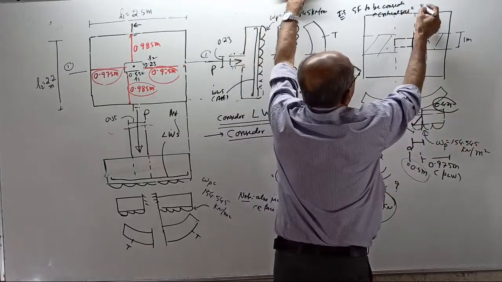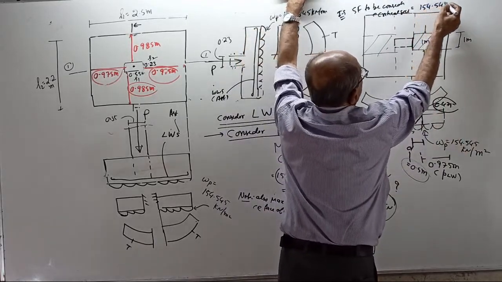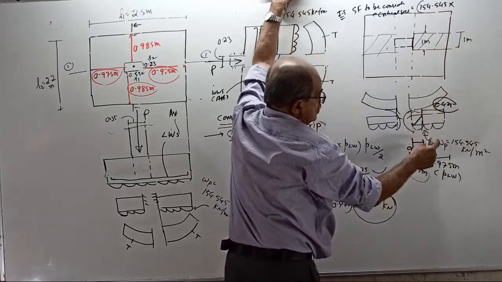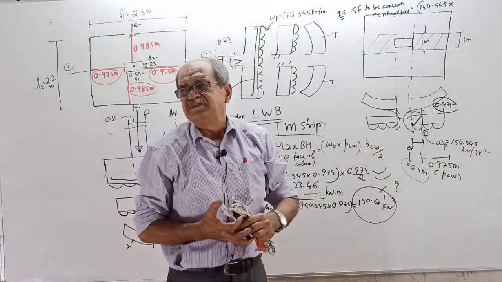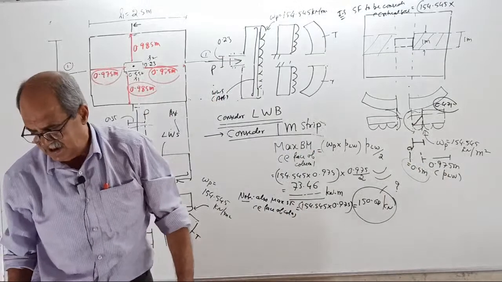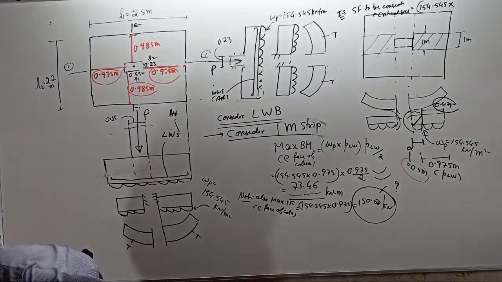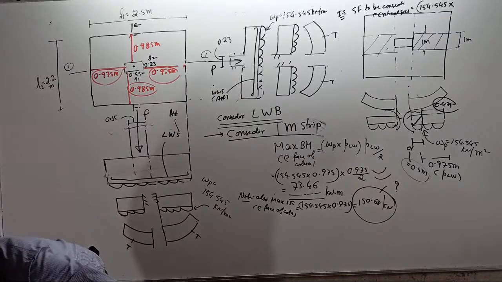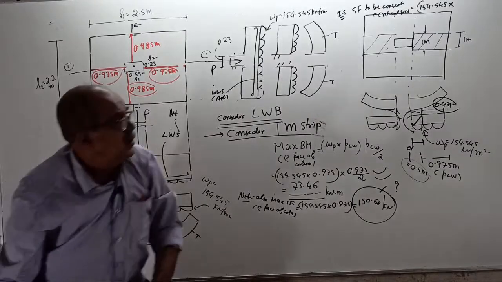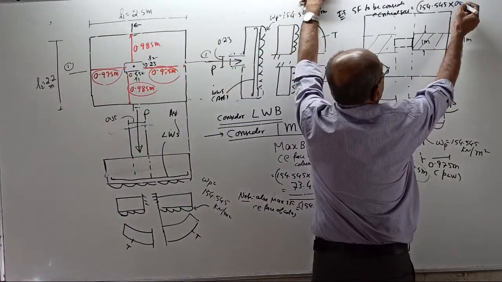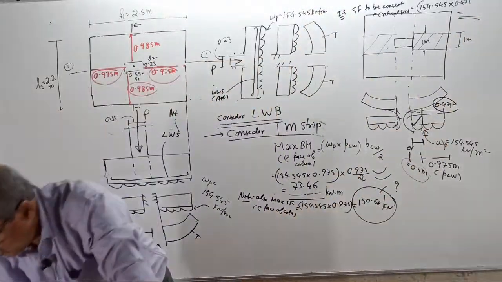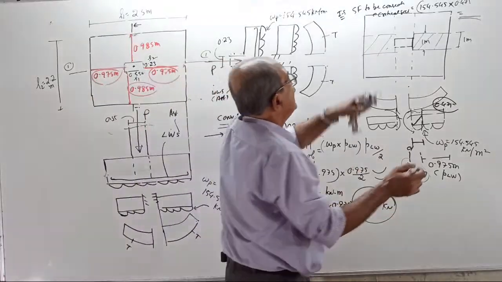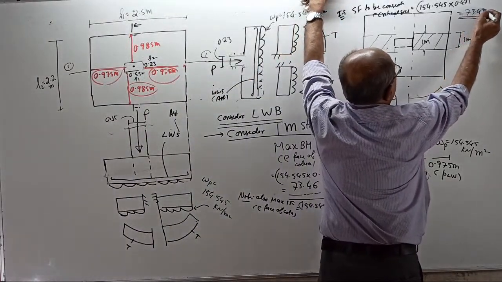Look at that side. 154.545 into 0.975 into 0.475. How much will come? It will come to 73.41. Remember, this is just an explanation: 73.41 kilonewton.